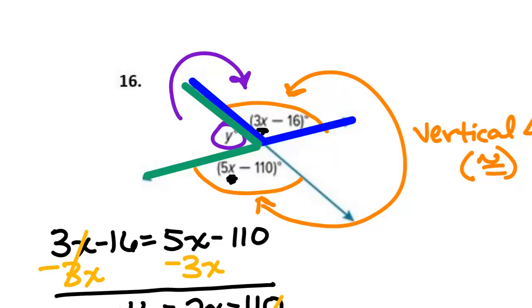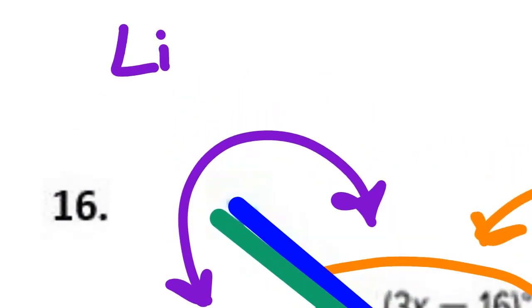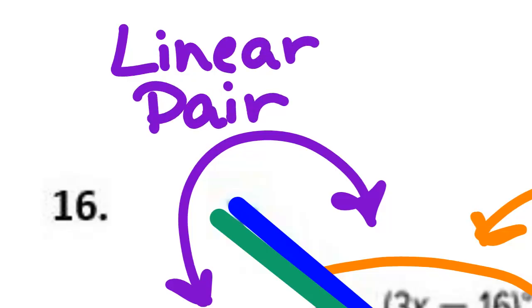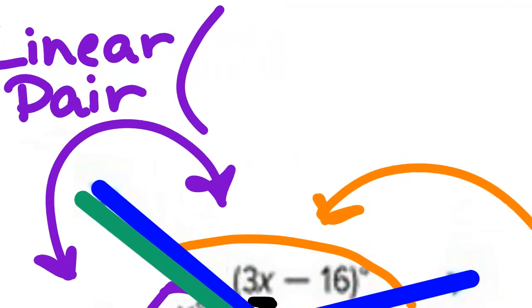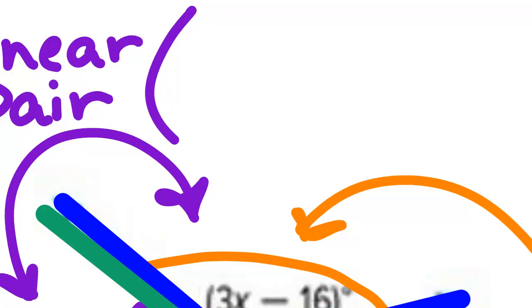What do we call an angle pair like that? A linear pair. And what's the relationship for linear pair angles? Are they the same size? No. So what do I do with it? Combine them, because they add up to what? 180, yes. They add to 180.